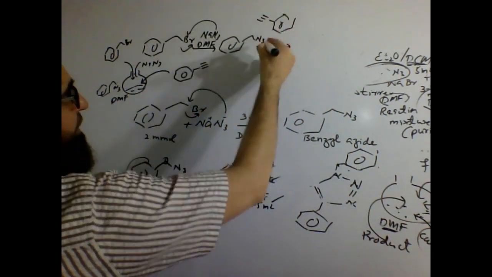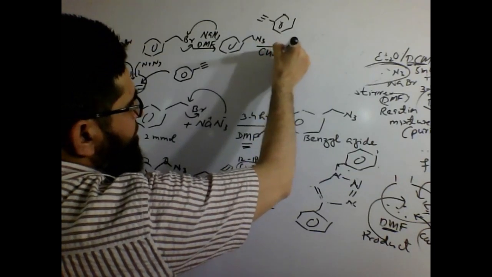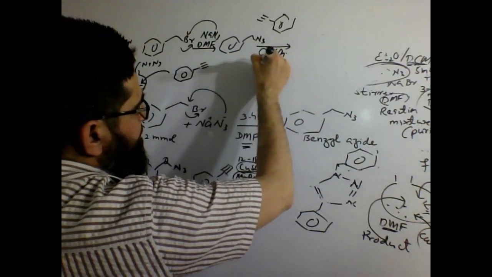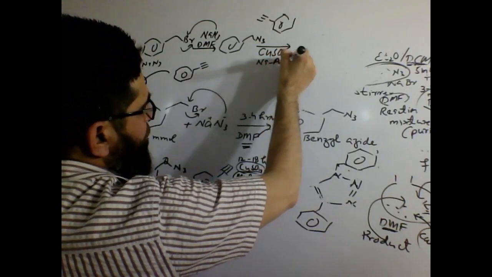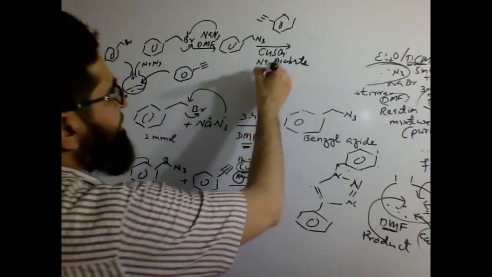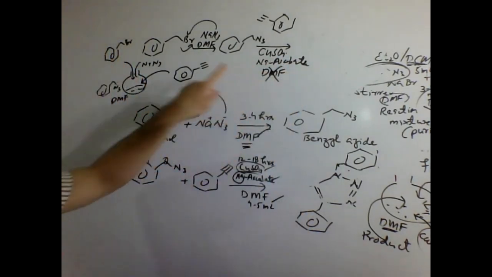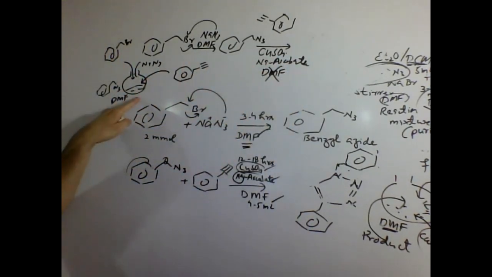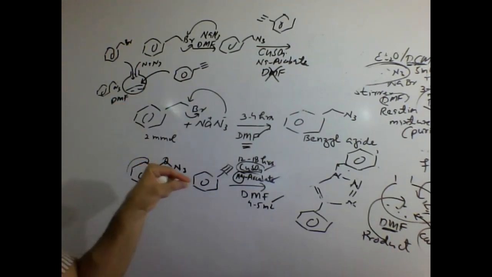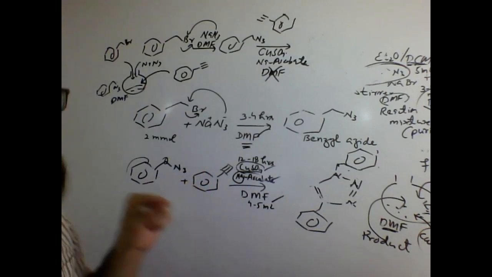At the same time they put in copper sulfate and sodium ascorbate, but this time they did not put in DMF. No need for it because the flask is the same, DMF is already in. So 5 ml of DMF has been saved.